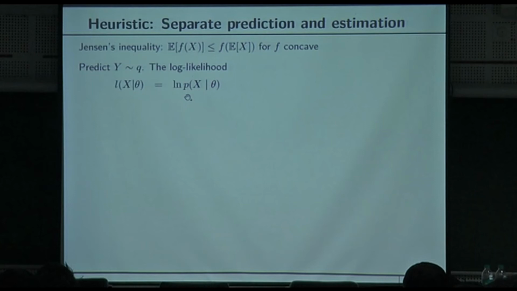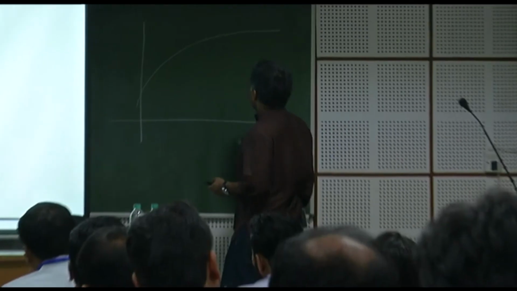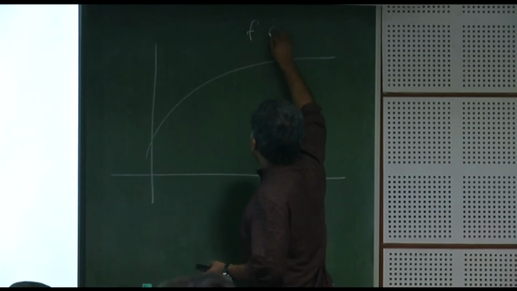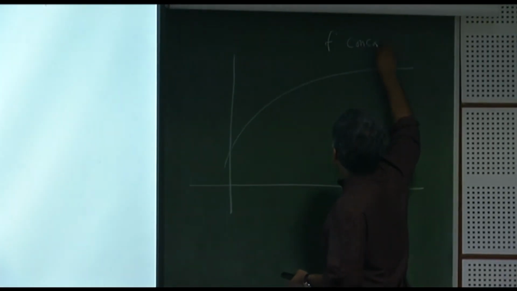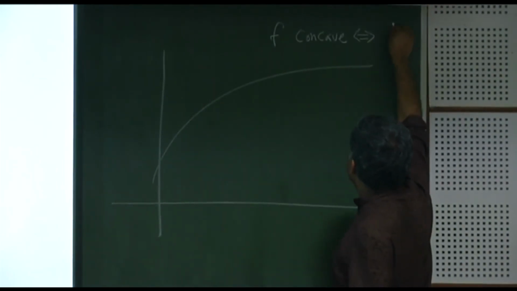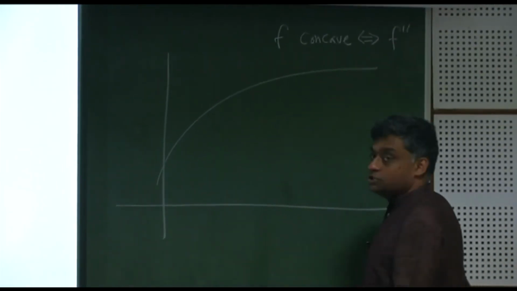How many of you know what a concave function is? Most of you. Okay, so I'm hoping that this is visible. Here's a function f. I'm going to say that the function f is concave, for my purposes, if and only if its second derivative does what?